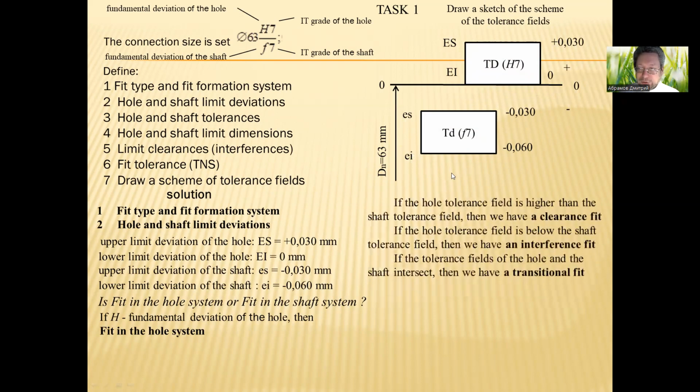If the hole tolerance field is higher than the shaft tolerance field, then we have a clearance fit. If the hole tolerance field is below the shaft tolerance field, then we have an interference fit. If the tolerance fields of the hole and the shaft intersect, then we have a transitional fit.